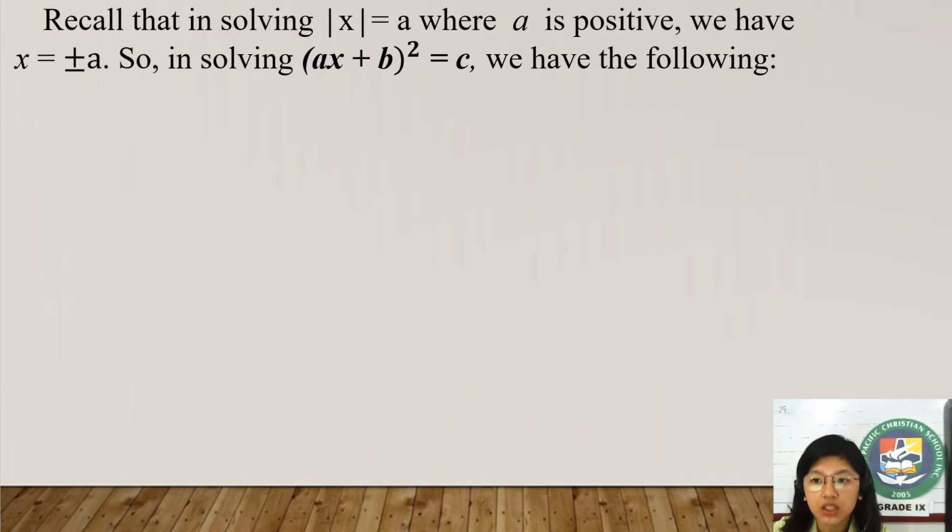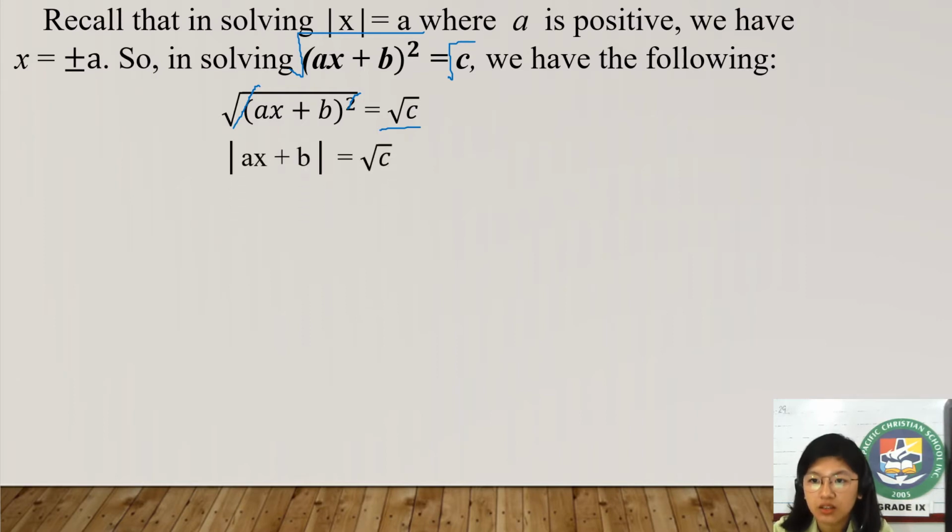So in solving (ax + b)² = c, we have the following. Since the given is (ax + b)² = c, by extracting the root of both sides, we put a square root. The square root and the exponent 2 will cancel, then since we put a square root on the right side, it becomes the square root of c.